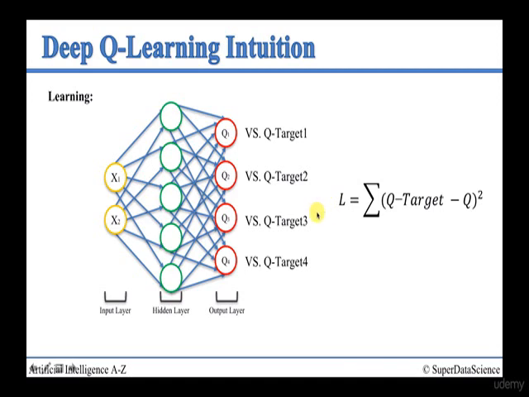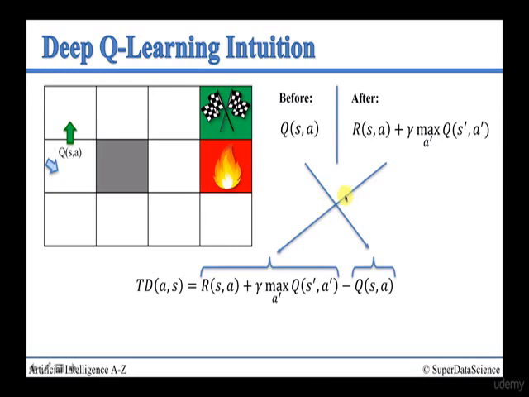And so ideally, just as we had in the temporal difference learning, if we go back for a second, remember we said ideally we want this to be equal to this. So we want the temporal difference to be 0. That means the Q values that the agent is predicting, that it has in memory, are exactly descriptive of the environment, and therefore the agent can navigate the environment pretty well, right?